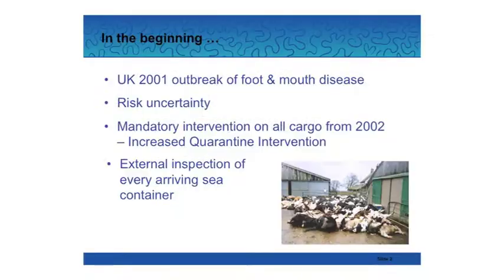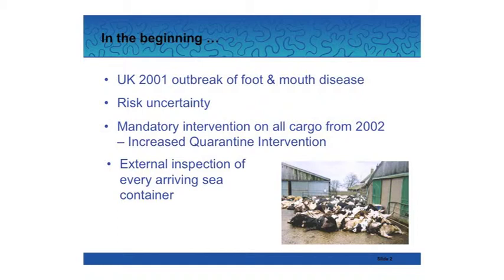Now, in the beginning, you might remember in 2001, there were horrific pictures of cattle in England on large funeral pyres because of the foot and mouth outbreak. Australia instituted a very visible set of quarantine controls in response to that outbreak.